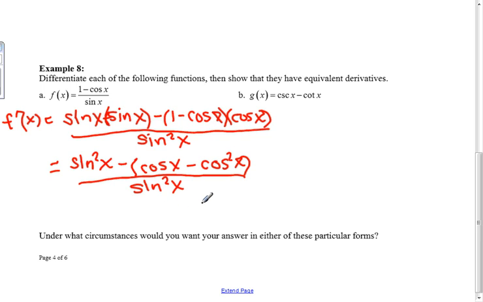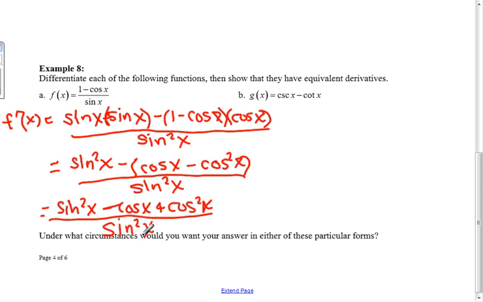We can simplify just a little bit more here, because I can distribute this negative. So if I do that, I get sine squared of x minus cosine of x plus cosine squared of x, and again, all over sine squared of x.